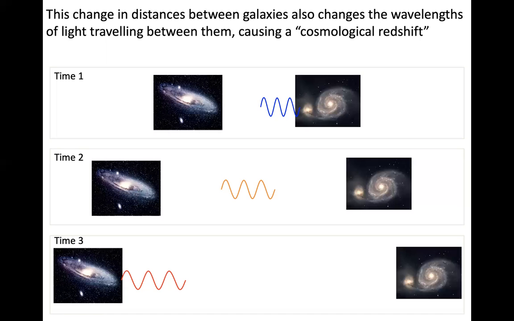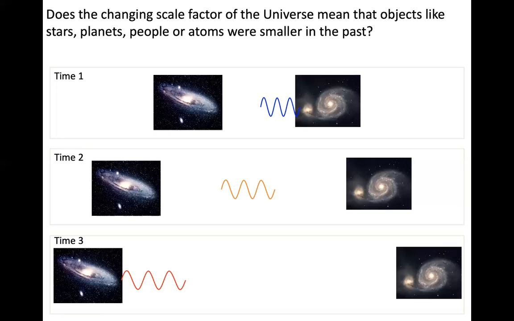Now, you might go, wait a minute, does this mean that, for example, the size of galaxies changes over time? Does the size of us, atoms, planets, do those change? And the answer to that is no, it does not. The thing to remember is general relativity says that the geometry changes associated with massive objects distort the trajectories they would take or how the motion works of objects when no other force is applied.